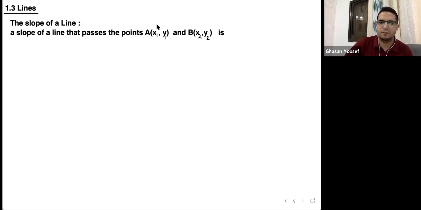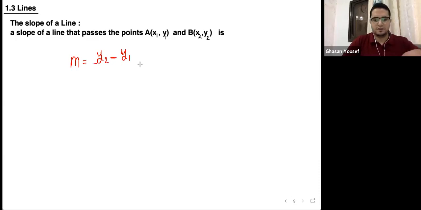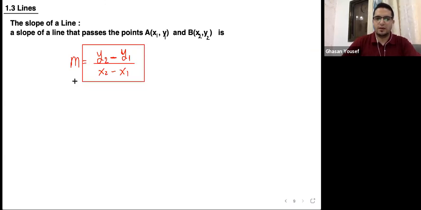So I can say the slope m equals the difference of the y variable, y2 minus y1, over the difference of x, x2 minus x1. This is the slope formula, y2 minus y1 over x2 minus x1.